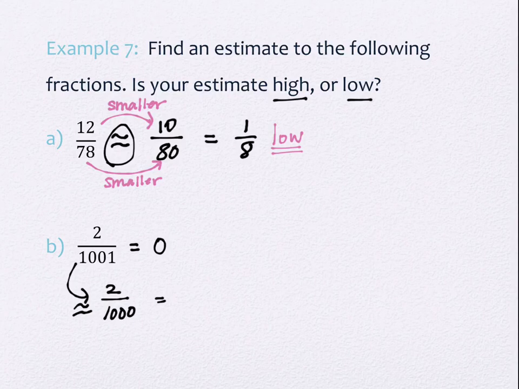And 2/1000 is actually the same as 1/500. But 1/500 is very, very small. It's almost nothing. Almost 0. Now, 0. Is it a high estimate or a low estimate for the number 2/1001? It is low. It's smaller than what I started with, right? So we would say that that is a low estimate.